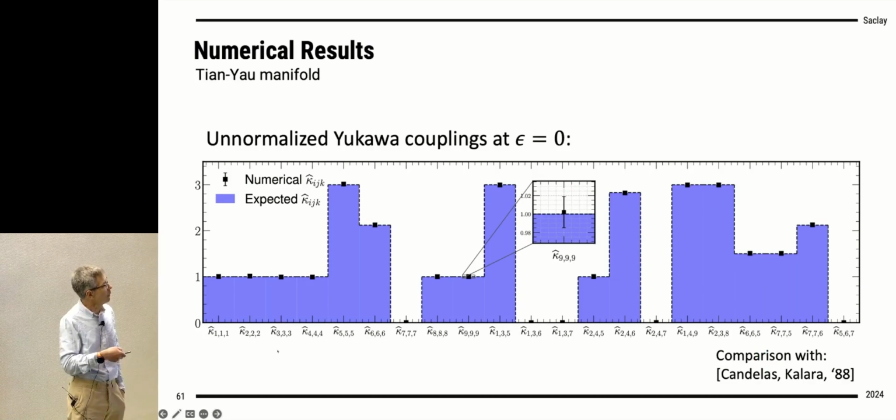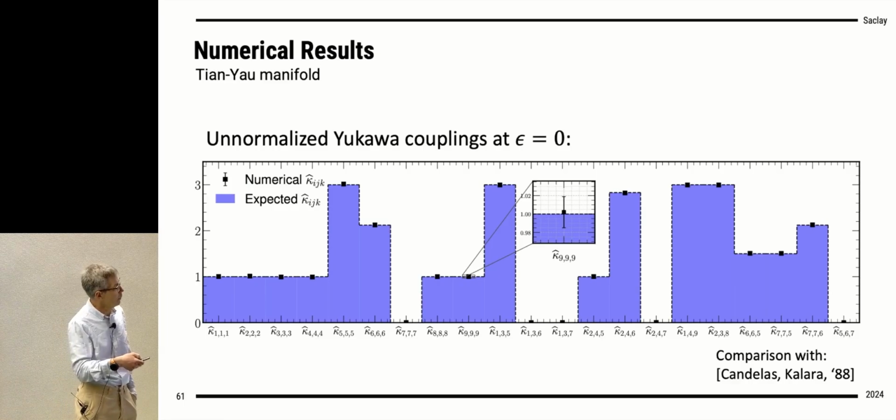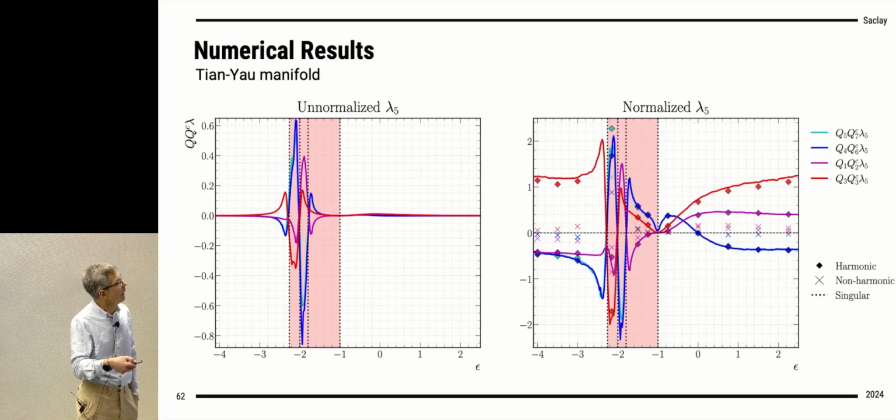Once again, this is the numerical work. This is not using machine learning. This is just the numerical approach by analytically continuing using the Padé approximation and so on, and that's why there are some numerical errors in that type of calculation.